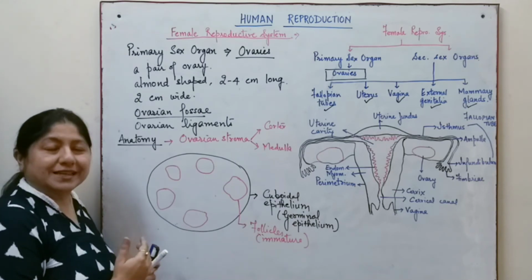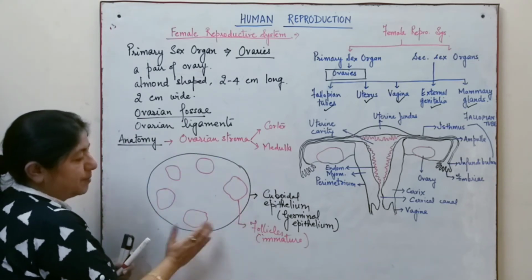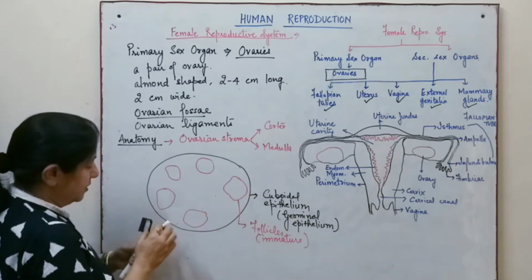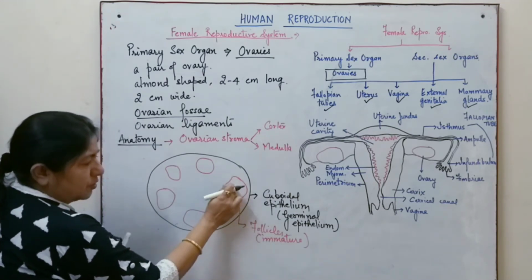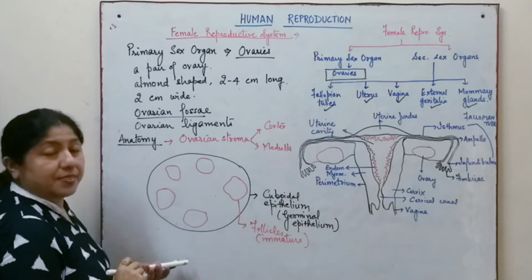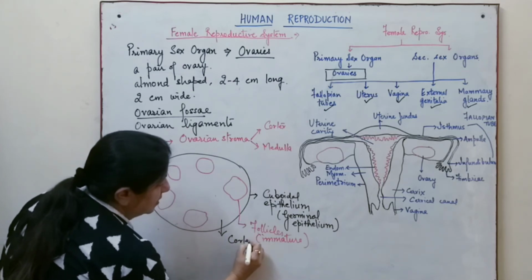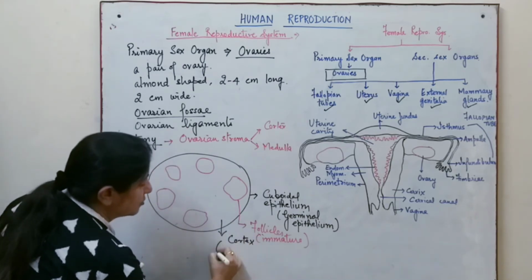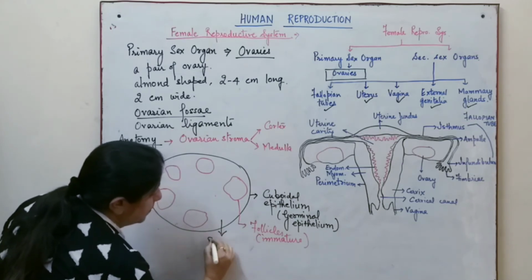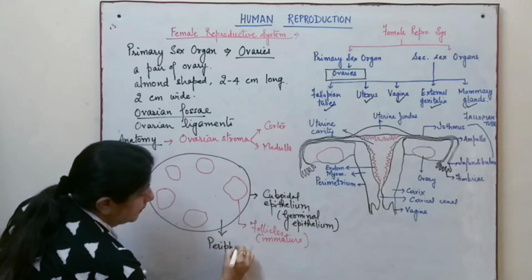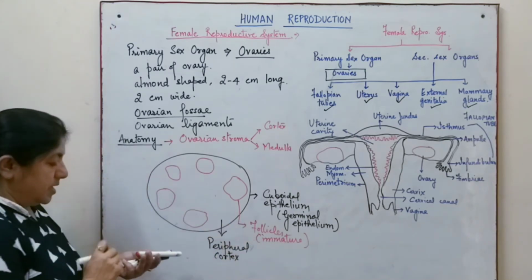That we will be studying during the process of oogenesis. So this is only explaining the anatomy of the ovary. Here is an immature follicle, and inside it is the immature egg. We label this the cortex region, also called the peripheral cortex, on the outer side.